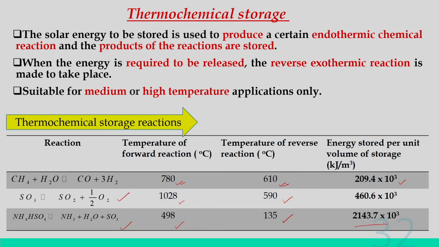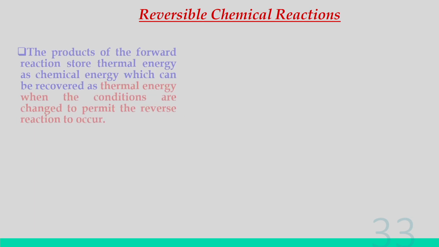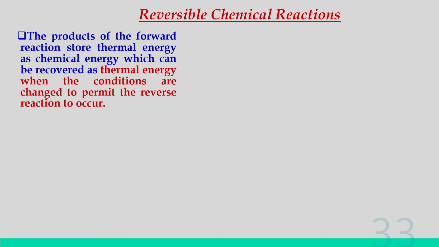Also you can see the energy stored per unit volume of storage, okay, which is represented in kilojoule per cubic meter. So, the product of the forward reaction stores thermal energy as chemical energy, which can be recovered as thermal energy when the conditions are changed to permit the reverse reaction to occur.